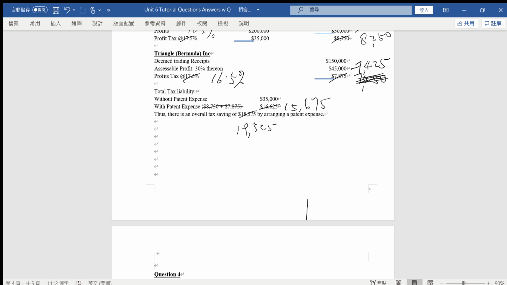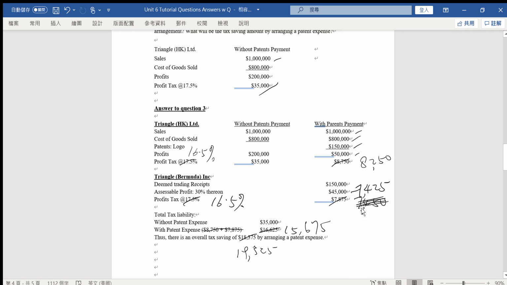That will be the saving amount. Please amend the figures when you receive the answer. Just let you know. Assume the IRD accepts this arrangement, but normally I can say they won't accept.